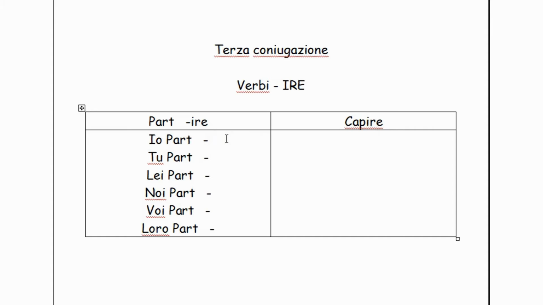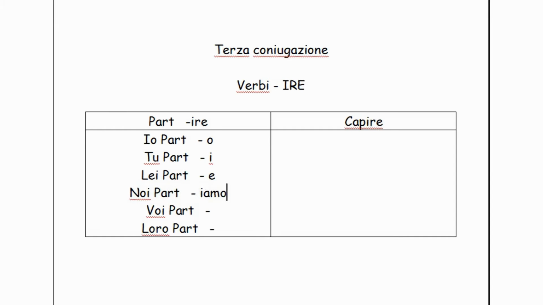Io parto. Remember that O is always the ending for io. Tu parti. I is always the ending for tu. Lei parte. Iamo is always the ending for noi.